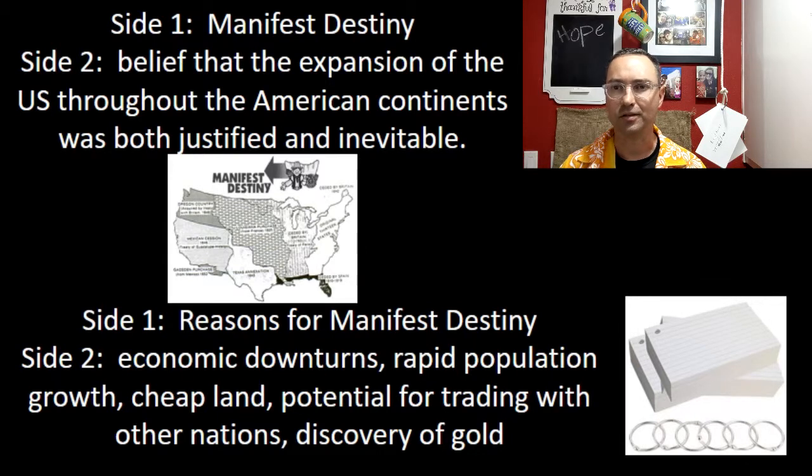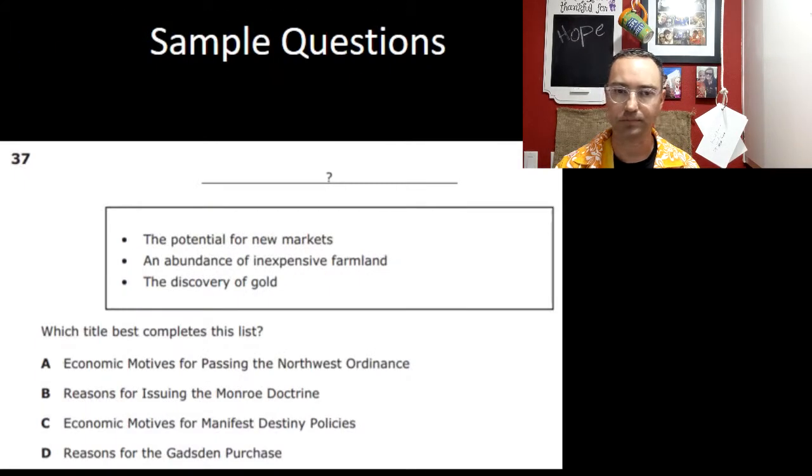Manifest Destiny is the belief that the expansion of the U.S. throughout the American continent was both justified and inevitable. The second is reasons for Manifest Destiny: economic downturns, rapid population growth, cheap land, potential for trading with other nations, such as continuing on west across the Pacific to get to Asia, and discovery of gold.